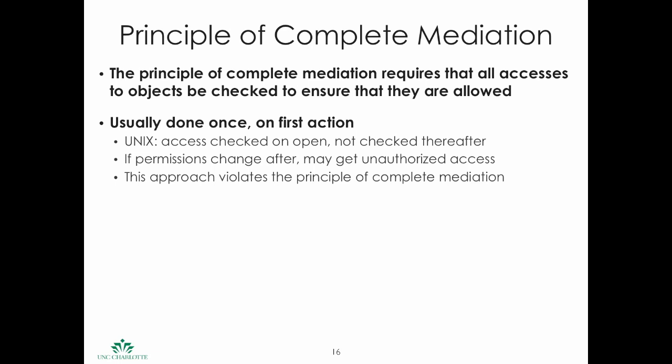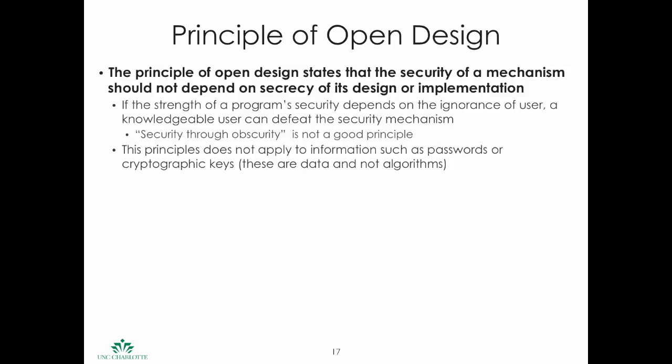So if the owner of the file disallows the process permission to read the file after the file descriptor is issued, the kernel still allows the access to that file. This scheme violates the principle of complete mediation because the second access is not checked. The cached value is used, resulting in the denial of access being ineffective.